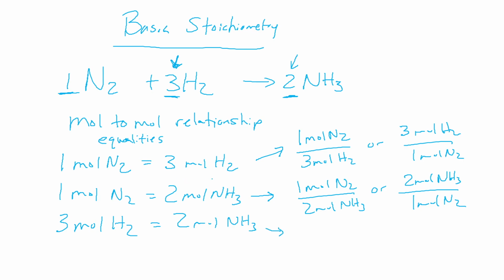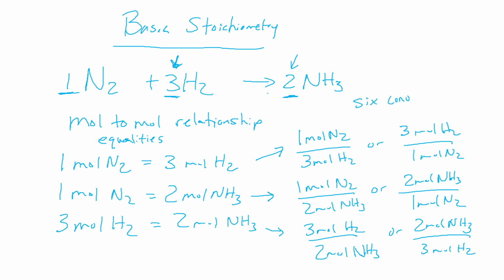For this one right here, I could write 3 moles of H2 over 2 moles of NH3, or I could write 2 moles of NH3 over 3 moles of H2. So from this one equation, we get 6 conversion factors.